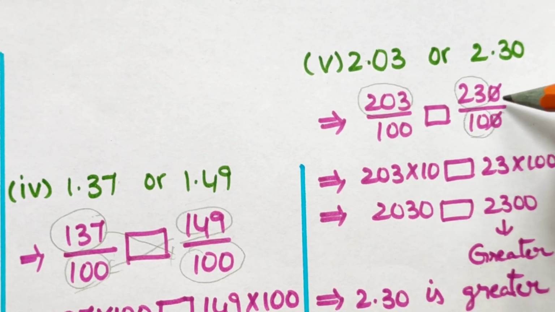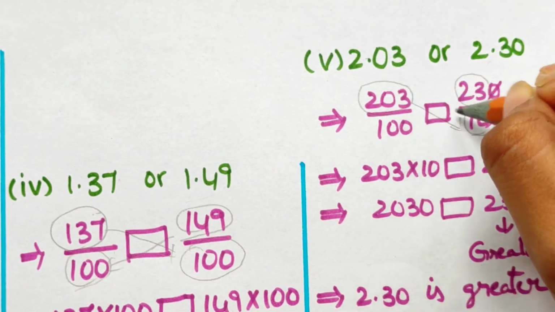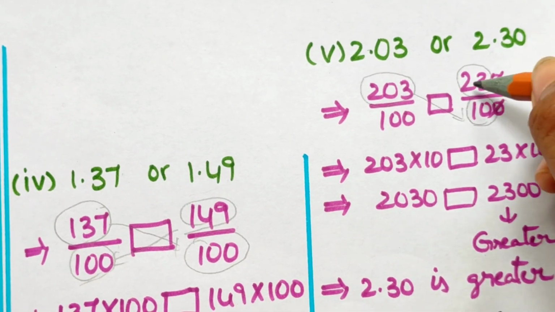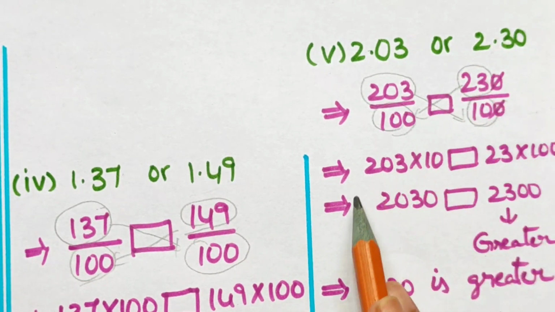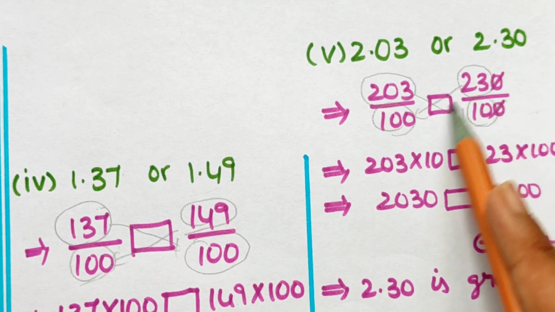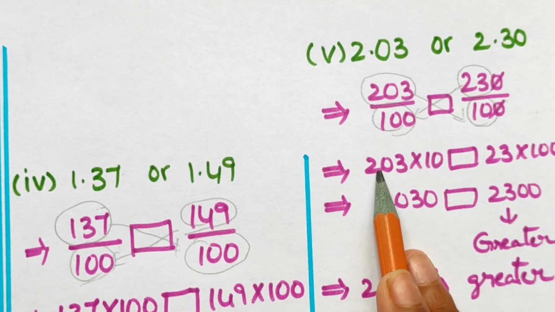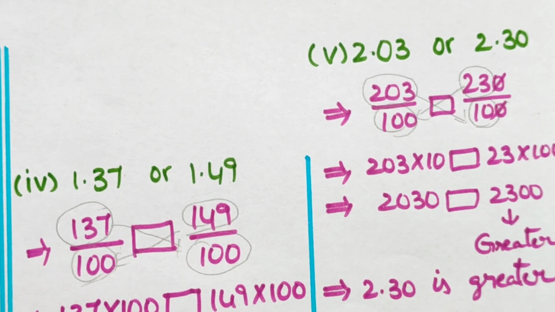We have cancelled this 0 and this 0, so it is 10. 203 into 10, numerator into denominator. And 23, we have cancelled 0, so 23 into 100, numerator into denominator. 203 into 10 is 203 into 1 is 203 and 0 which is at last, and 23 into 1 is 23 and these two zeros which are at last.